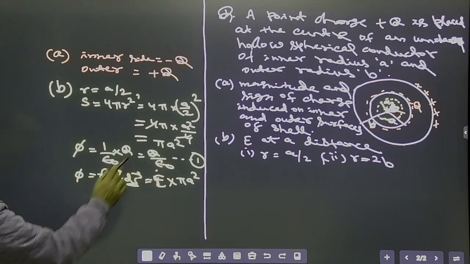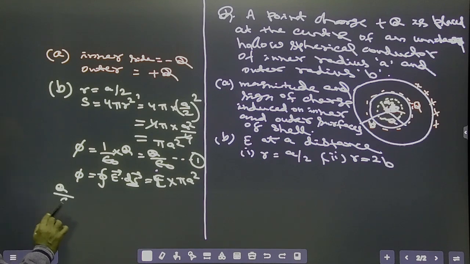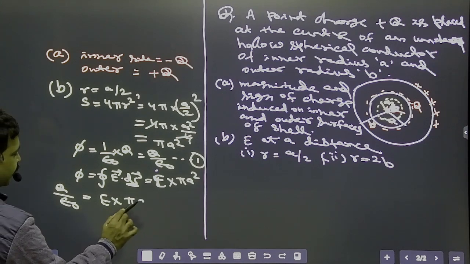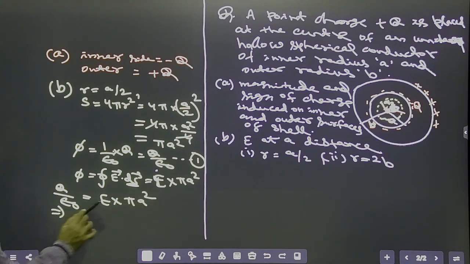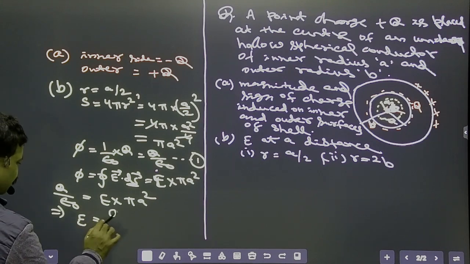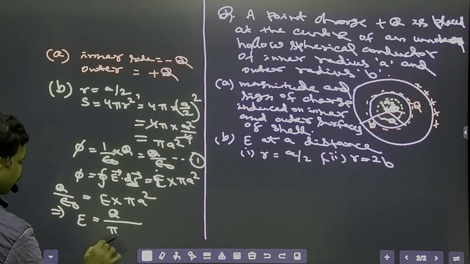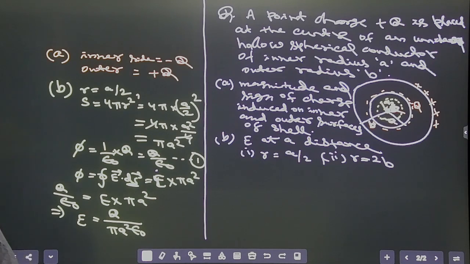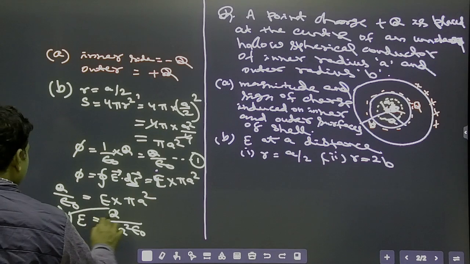Now equating these two, we get Q upon epsilon naught equals E into pi A square. So the value of E will be Q upon pi A square epsilon naught. This is your solution for the first part.